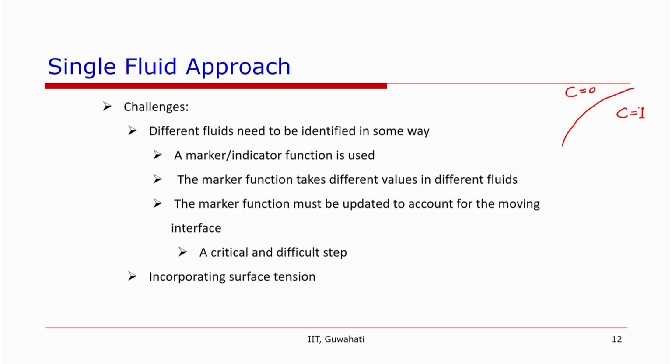So we need to solve an advection equation: del C by del T plus V dot del C is equal to 0, where V is the velocity vector. Or we can say that the material derivative of this Markon function is equal to 0.